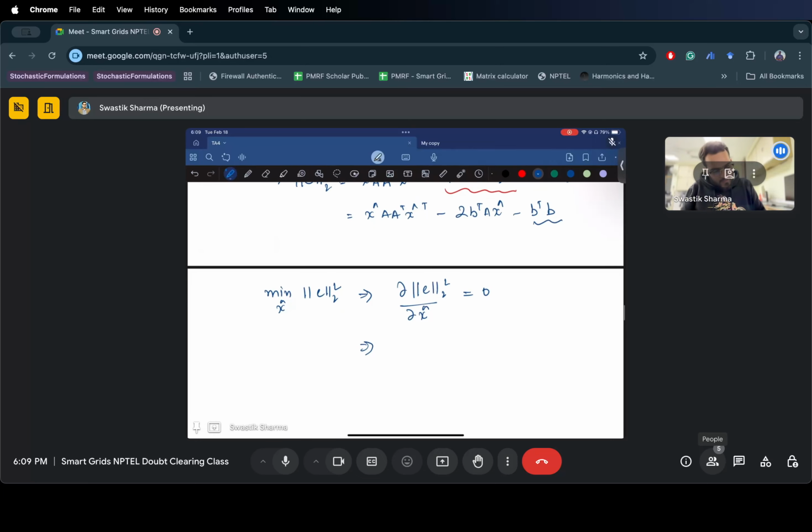So this is a scalar term. Differentiation of this won't be an issue. This is 0, right? And this is just a linear multiplication, so this would be nothing but minus 2 bta. So minus 2 bta, and then you have this. So can anyone tell me what would be the differentiation of this function? Anyone who has an idea?